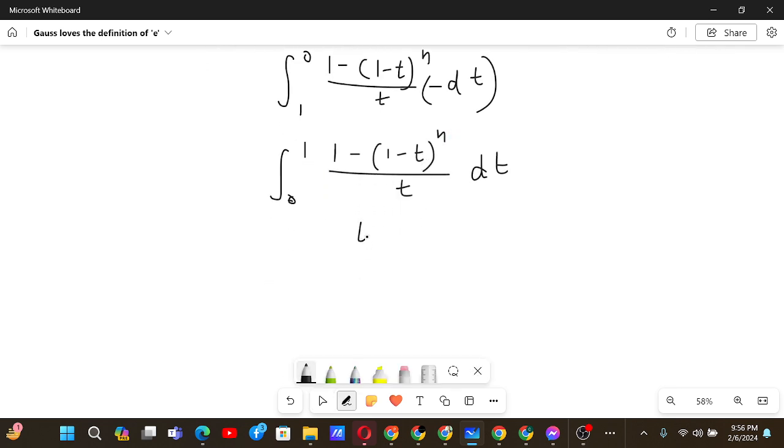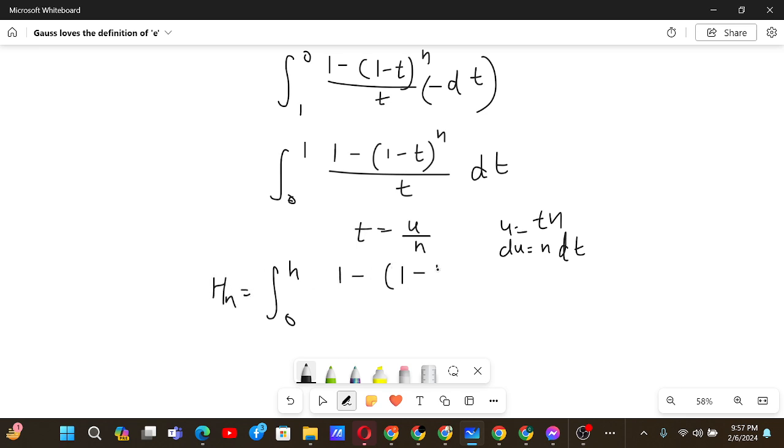Now to use the definition of e, he should have a fraction over here. The t should basically be u by n, so that he can later use the definition of e. So he lets u equal tn, and so du equals n times dt, and the integral goes from 0 to n of (1 minus u by n to the power n) over (u by n), and over here we have du by n.